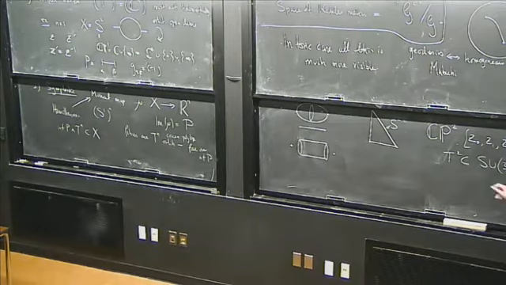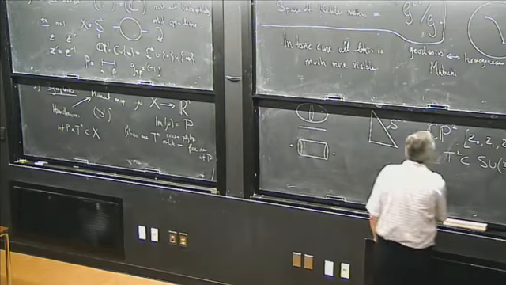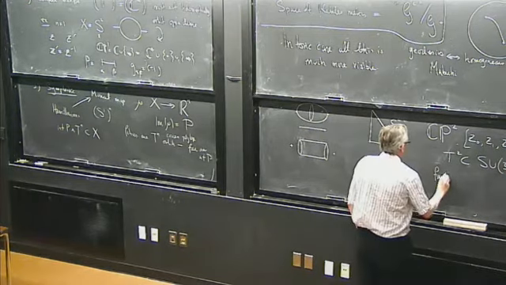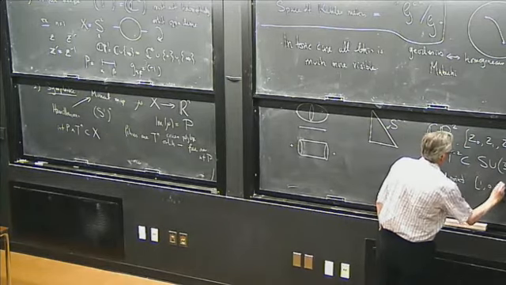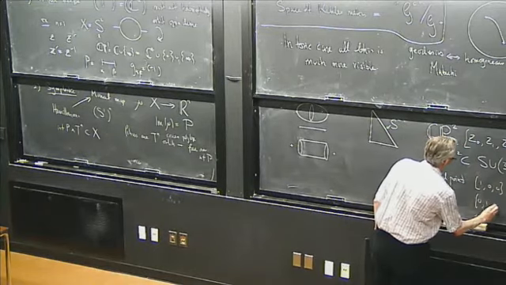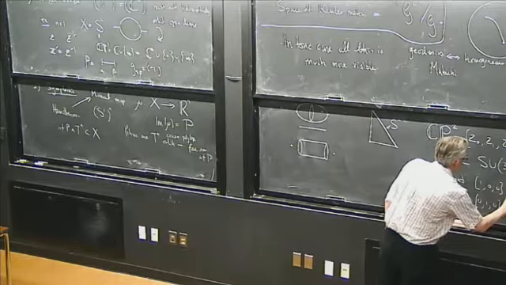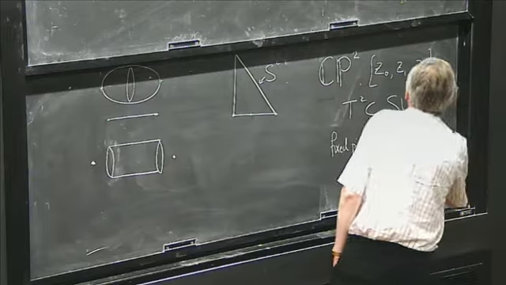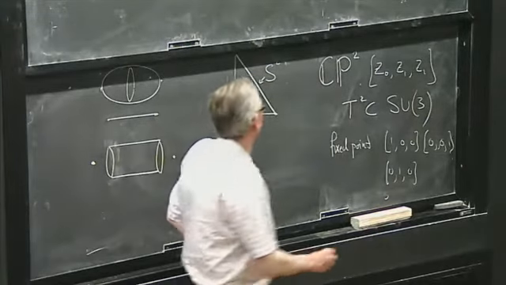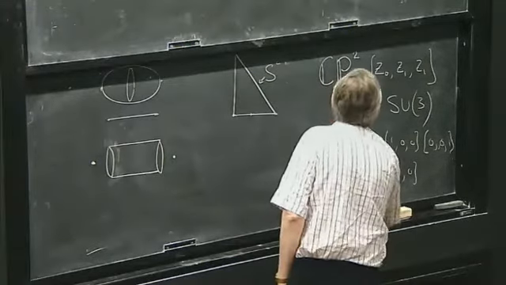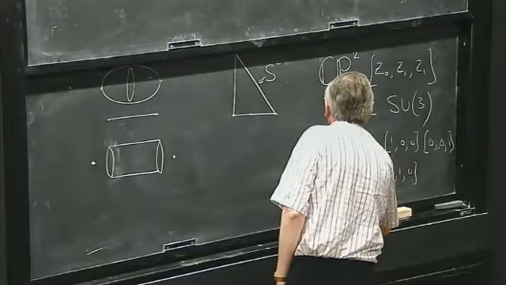Then the fixed points correspond to the obvious things. We've got these three fixed points. And these three spheres correspond to the projective lines given by the equation Z_i equals 0.